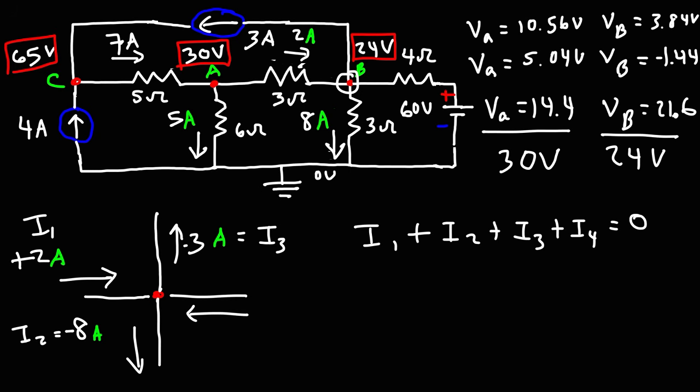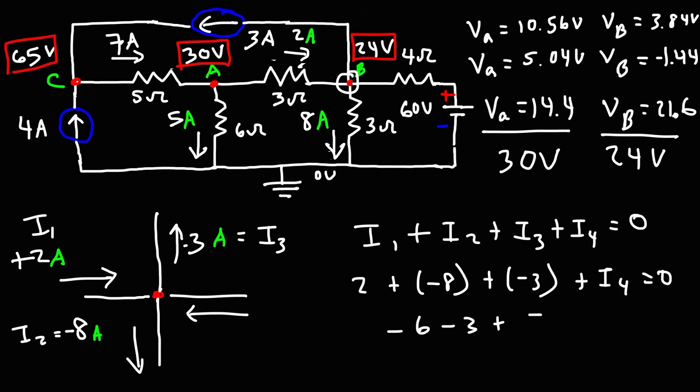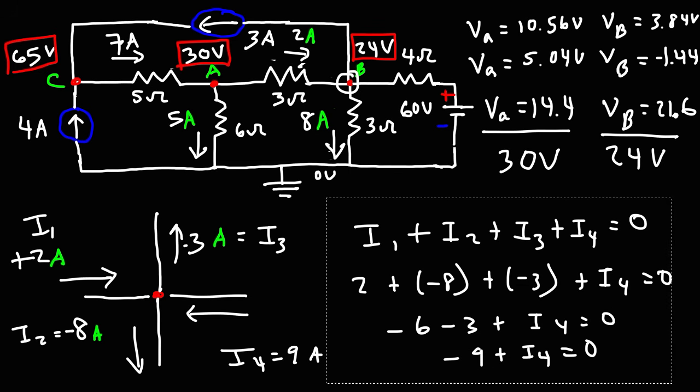That means that I2 and I3 should be negative because those currents are moving away from point B. So I1 is positive 2, I2 is negative 8, I3 is negative 3, and so we can now calculate I4. So 2 minus 8 is negative 6. Negative 6 minus 3 is negative 9. Moving the negative 9 to the other side of the equation, we can see that I4 is 9 amps. That's one way in which you can get that current.